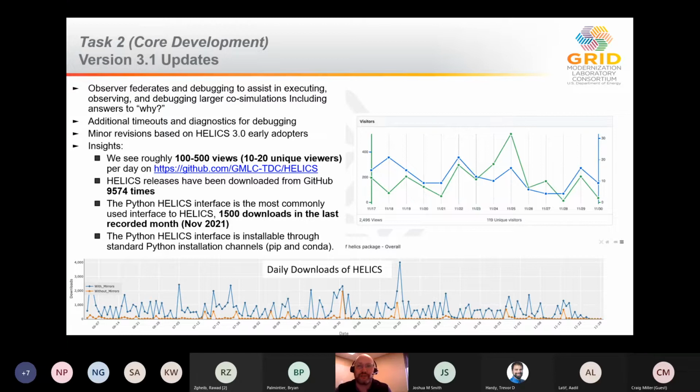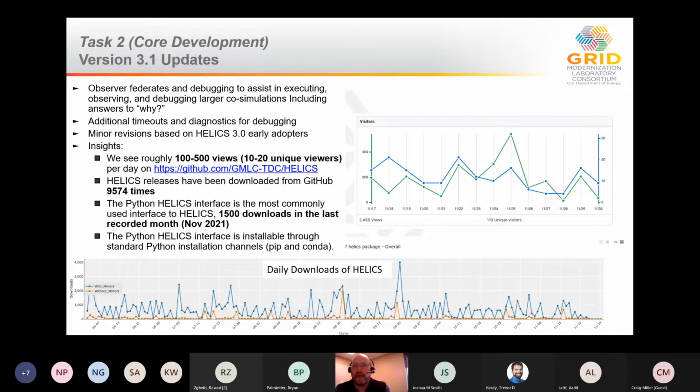We've discovered timing bugs and things like that Phil and his team have worked through. We've created a whole new layer for diagnostics and debugging, because that was something that came up last year during the meeting, that it was a little bit challenging to do that. And so there's a lot of interesting, exciting stuff going on there.